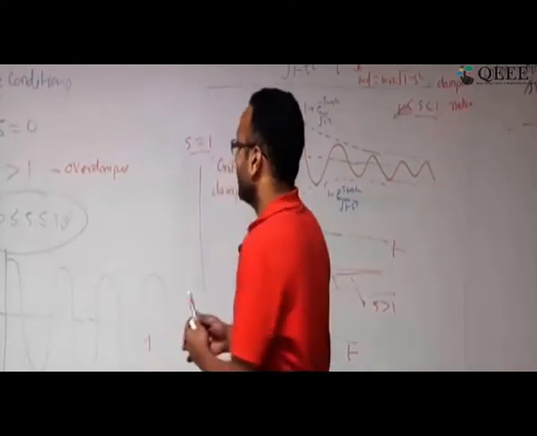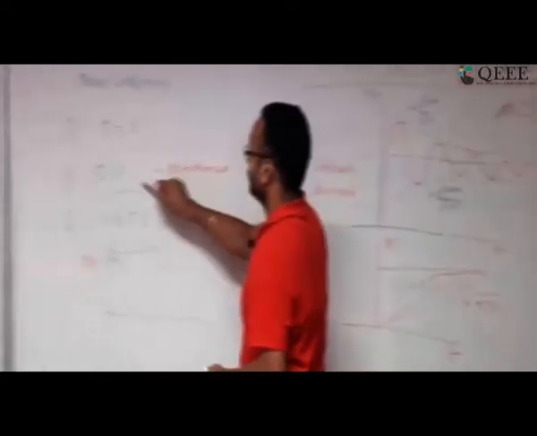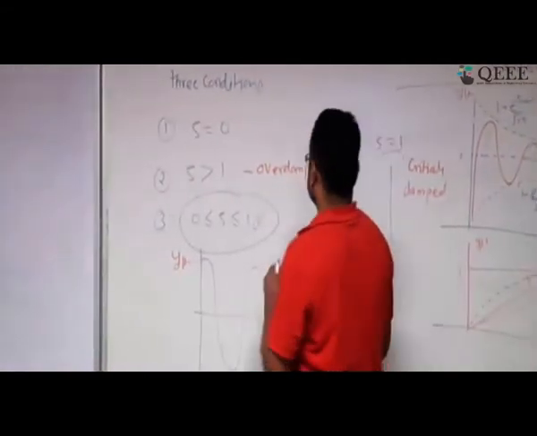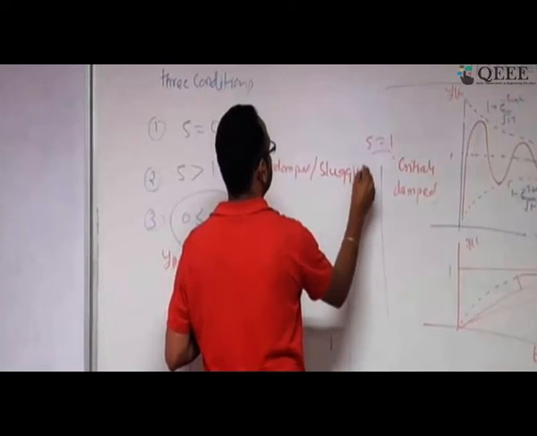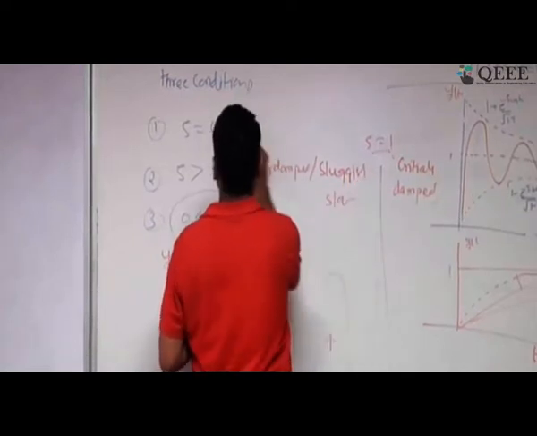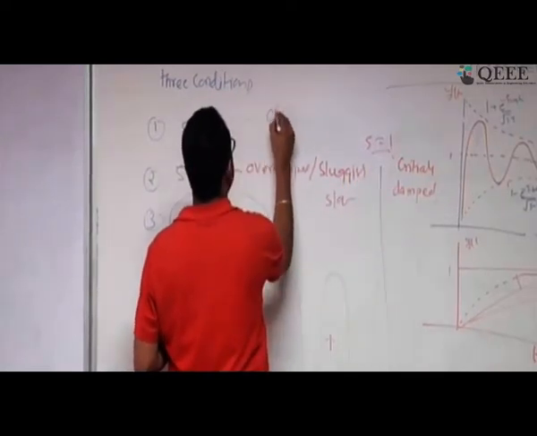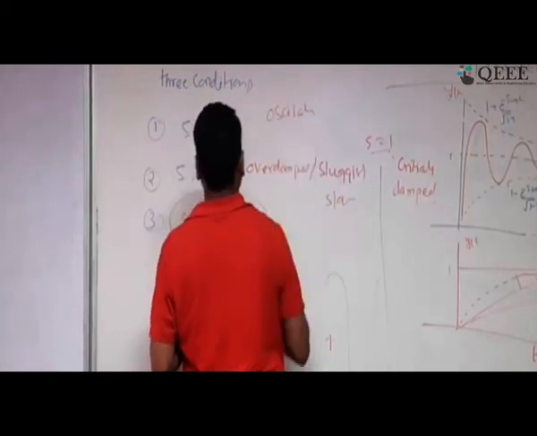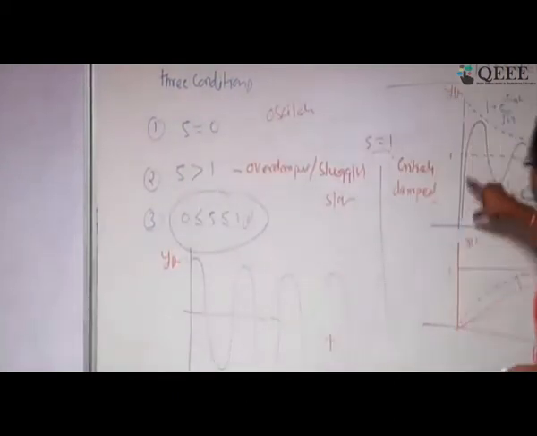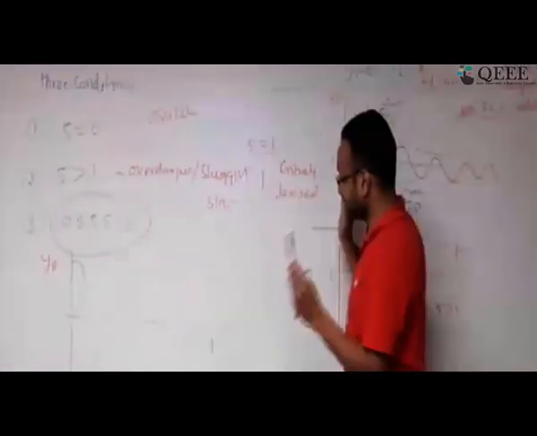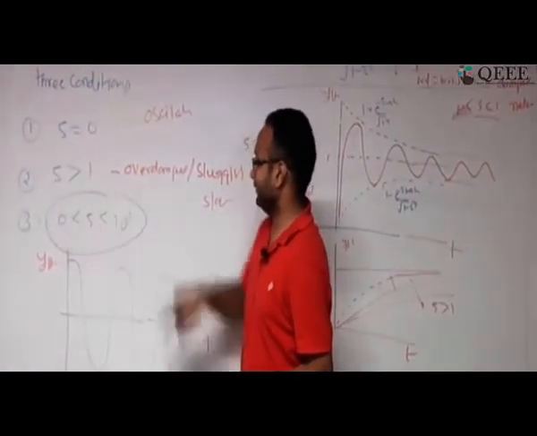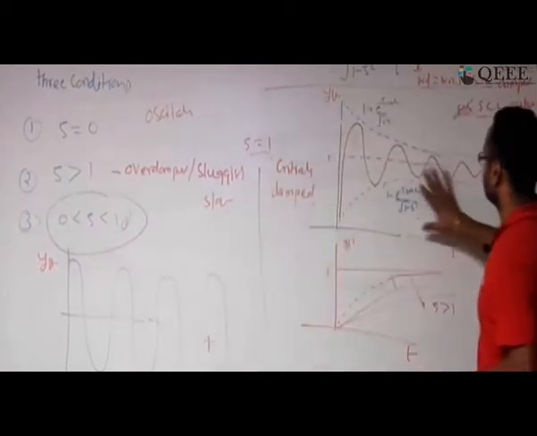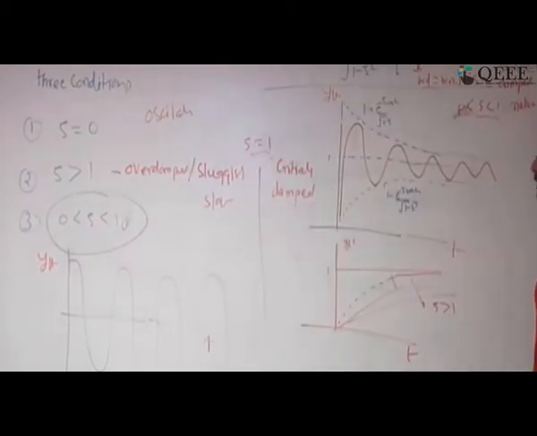I don't want zeta to be 0 or more than 1, because this will make my system sluggish or slow, and this will make my system oscillatory. So the only thing required is that for the system which I am using, zeta should be between 0 and 1. Okay, so that I can get this response. This is a desirable scenario.